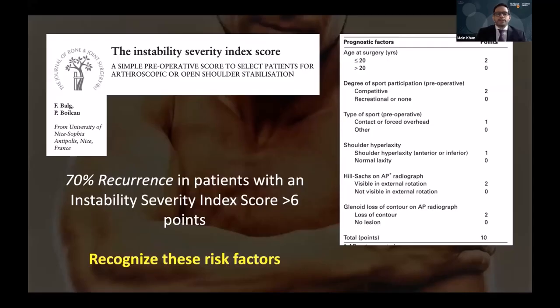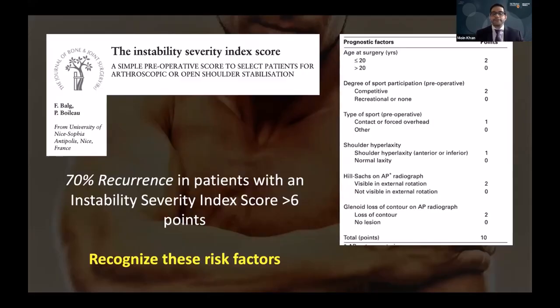Now, when talking about shoulder instability, one of the most important papers to come out is some work done by Dr. Boileau, the Instability Severity Index Score. I think the importance of this is that it highlights risk factors, so that when we are seeing these patients in clinic, we recognize certain things that put a patient at increased risk of recurrent instability.